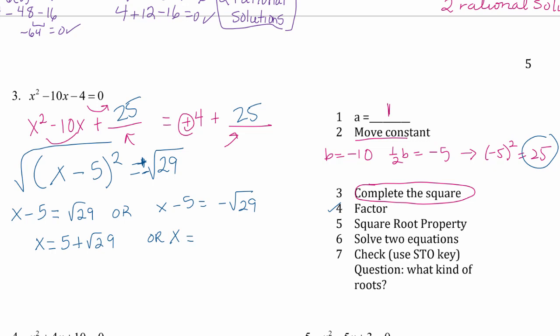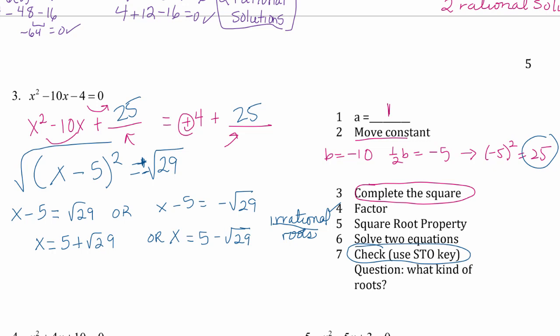What kind of numbers are these? Do you recognize them? These are irrational roots. You see them? We've got non-perfect squares under the radical, so those are irrational roots, like pi, right? To check these, you want to use your calculator, and I showed you how to do that in the last video, right?